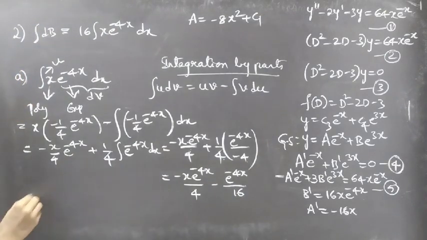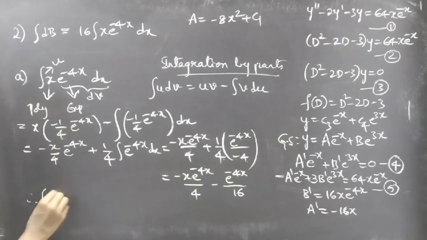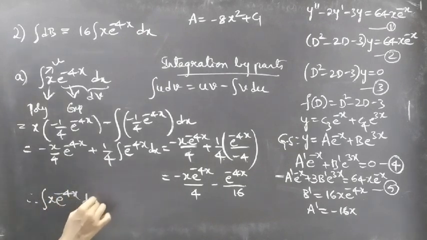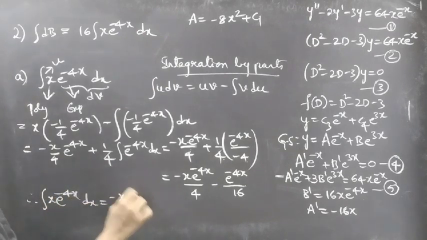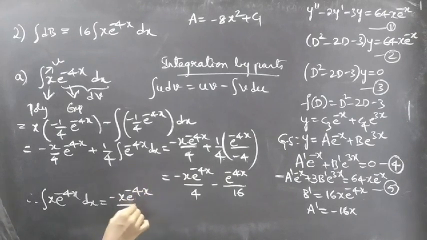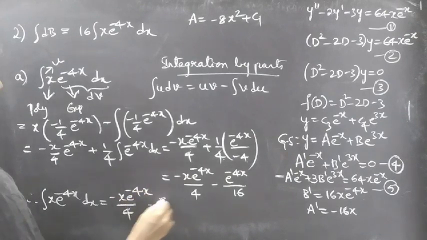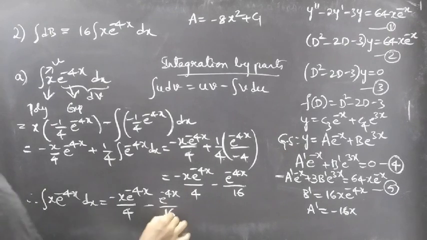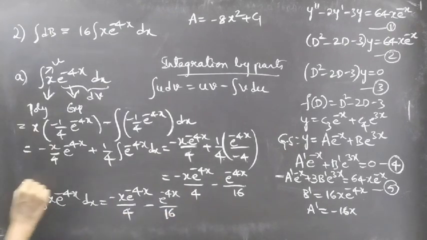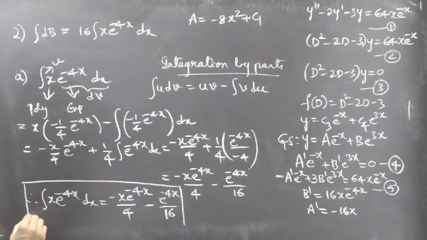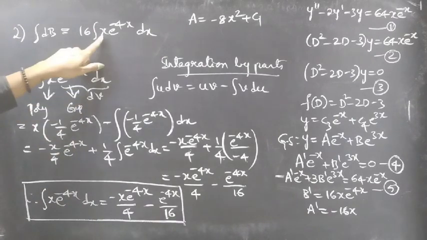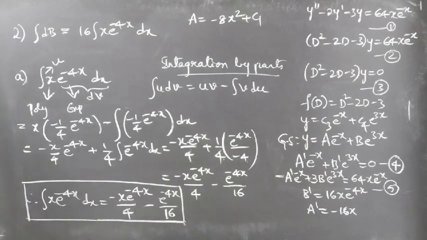Right? Therefore, integral x e power minus 4x is minus x e power minus 4x by 4 minus e power minus 4x by 16. Now we are going to apply this, or we'll just replace the integral with the result obtained from a.